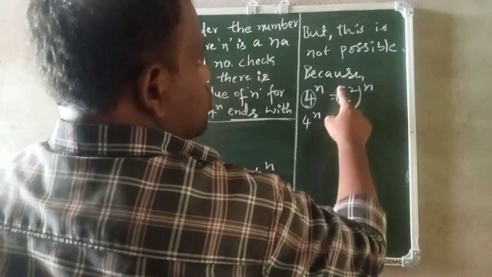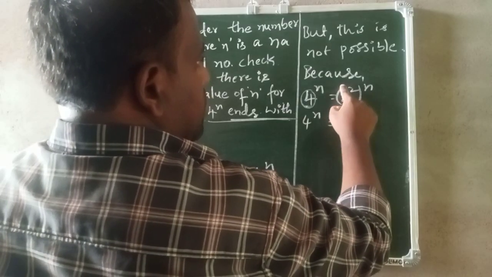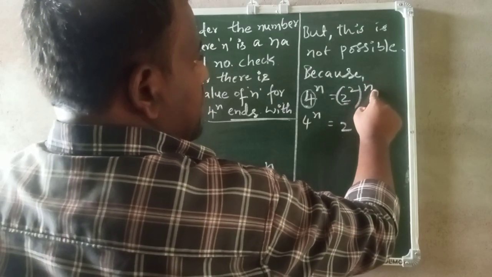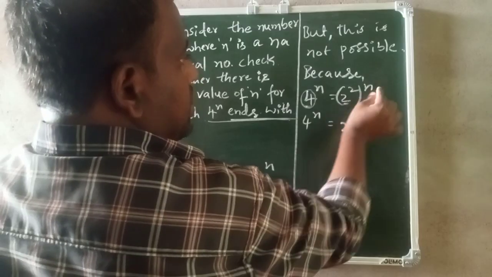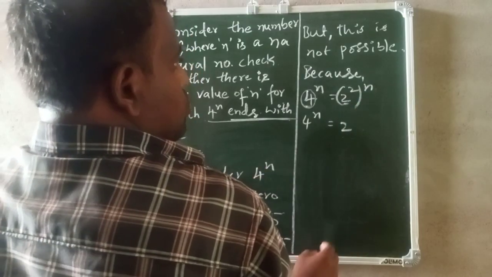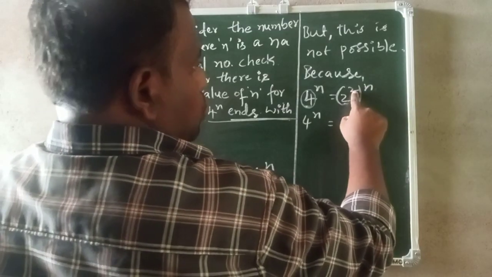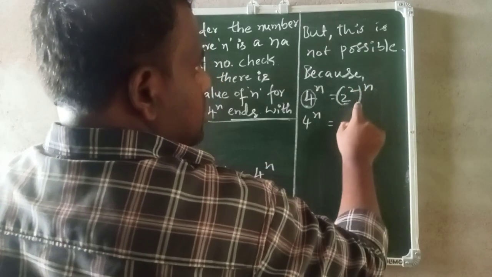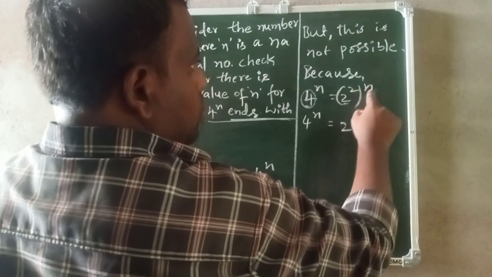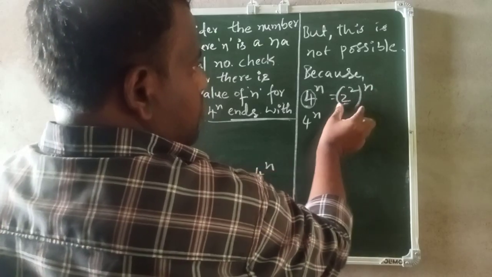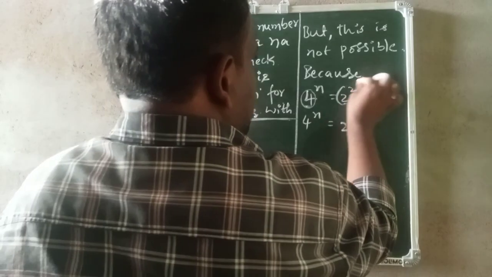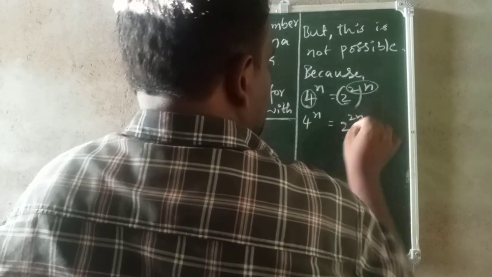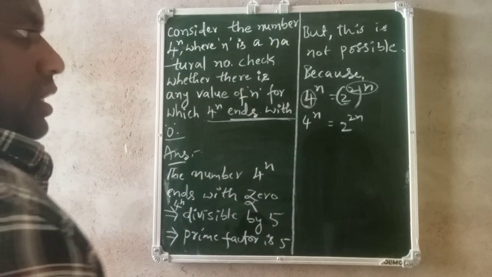So 2 square, then bracket, whole to the power of n. For the entire thing, this is power n. So this is power 2 for the 2, and for this entire thing, this is also a power. Since this is power 2 and n is the power for this, we can multiply these two. So 2 to the power of 2n.